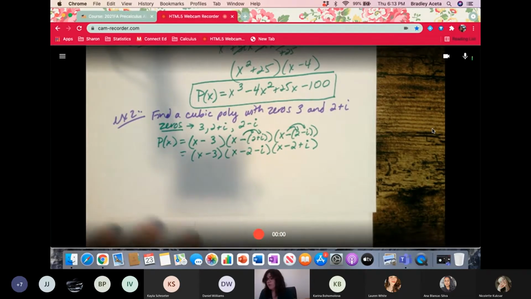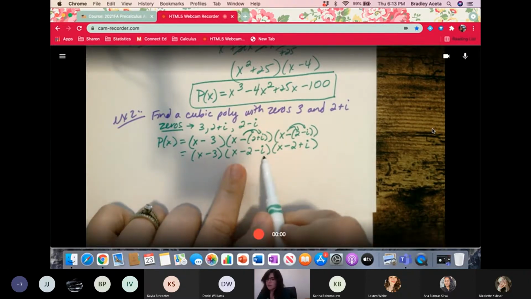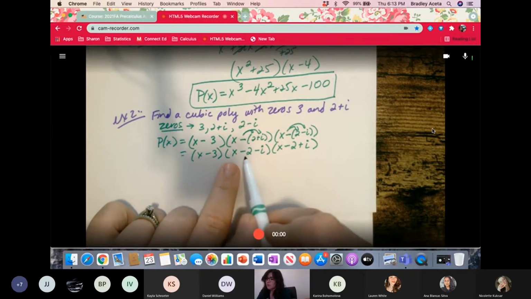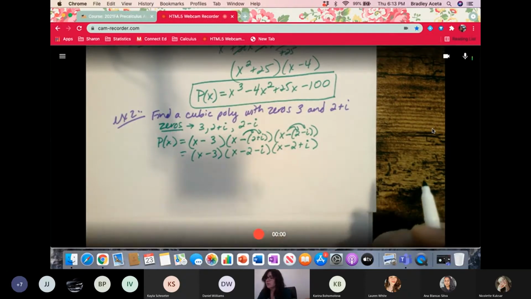Okay? Now, I like to start with the i conjugates because I know that with a conjugate, things will go away. It'll be a nice, cleaner polynomial to work with rather than all these crazy i's. Now, this is a trinomial times another trinomial. So you're going to need to really be careful how to FOIL.